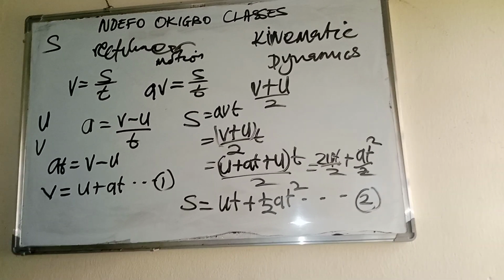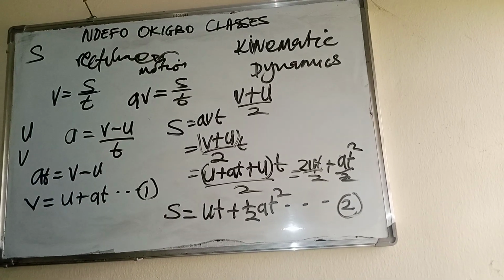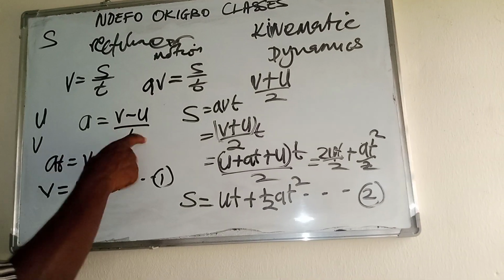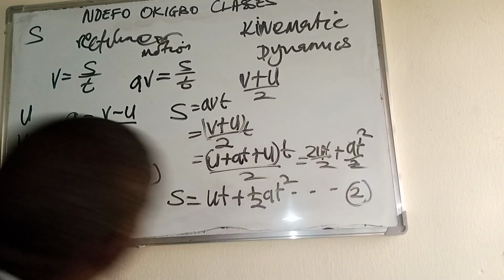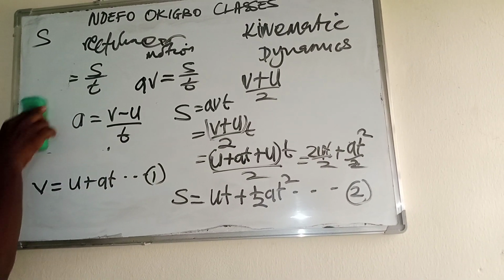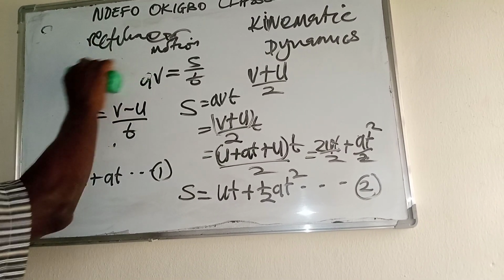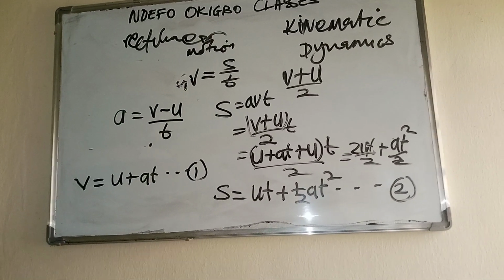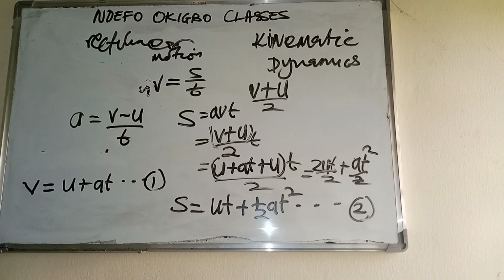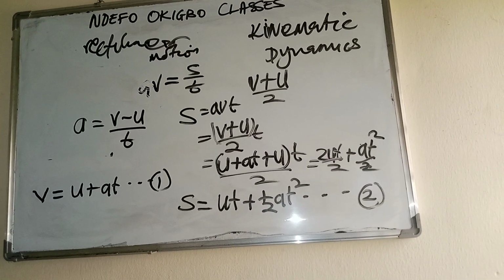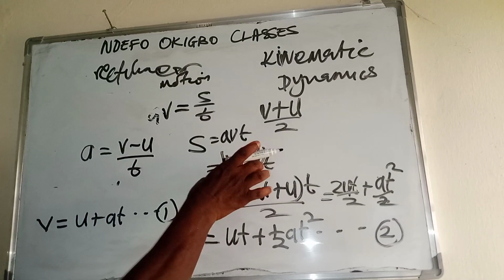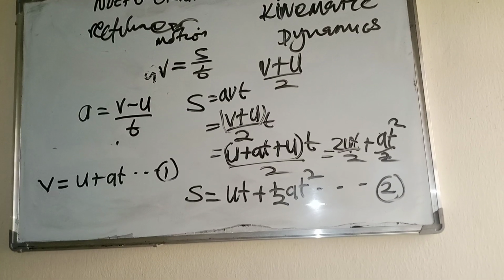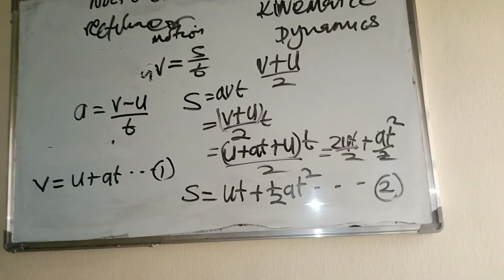So from here, we still remember that acceleration A is equal to v minus u over t. And we know that s is equal to average velocity times time, that is v plus u over 2 times t.